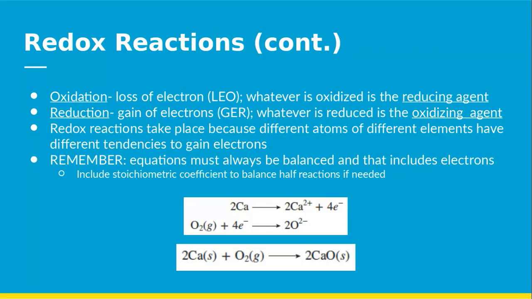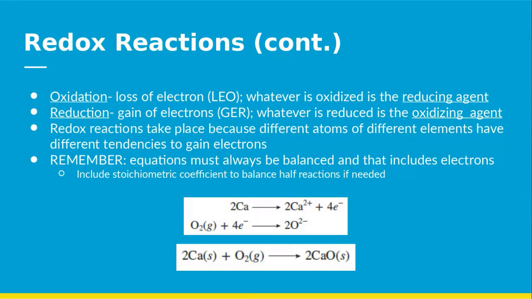Similarly, reduction is a gain of electrons, so GER. The mnemonic goes LEO the lion says GER, gain of electrons. Whatever's being reduced is also the oxidizing agent, because it's in partnership with the one being oxidized, and it is causing the oxidation of the other reactant.